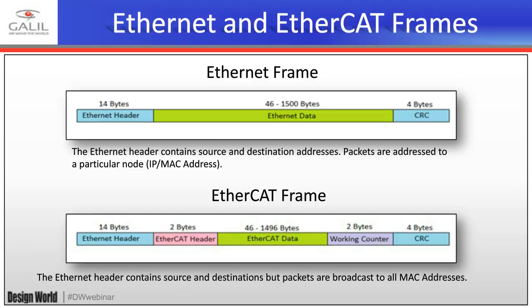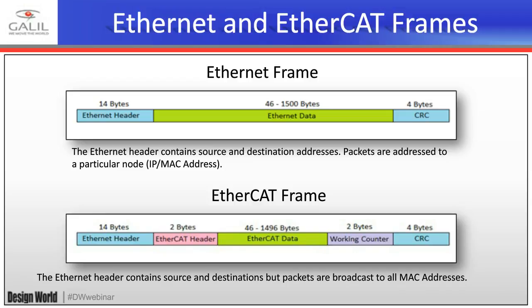It's pretty open-ended. An EtherCAT frame is a subframe, essentially. So you still have your standard Ethernet frame with an Ethernet header. However, the source address and the destination address are now different than an Ethernet frame. The source address remains static. The destination address is now broadcast.